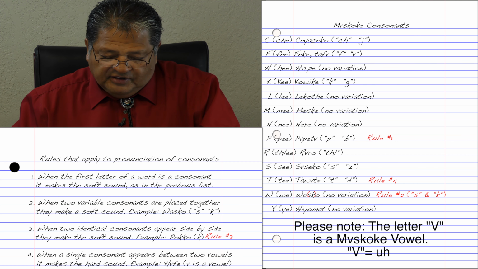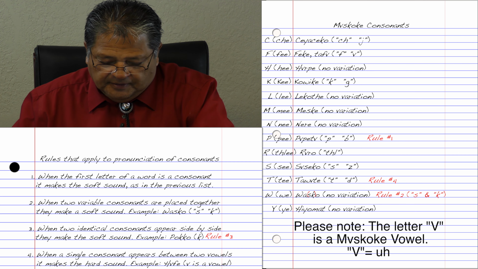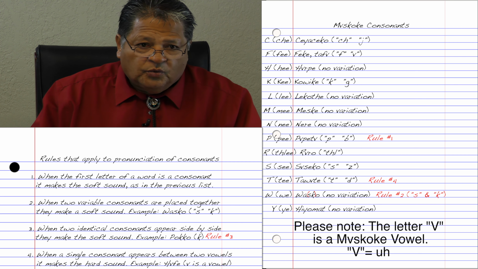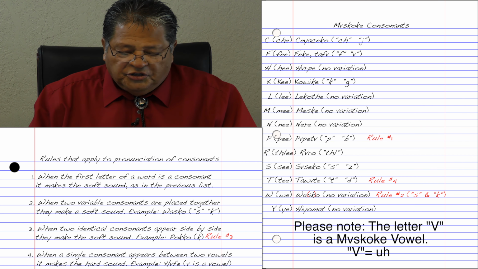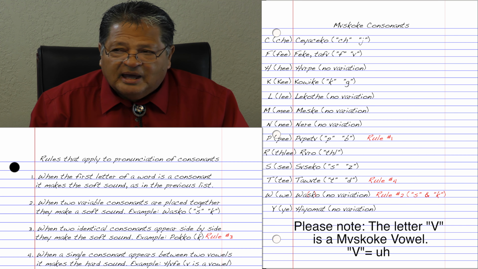I know that that's a lot of information to cover, and I think it's important that you study this, because this is going to determine how you pronounce what you're reading. I know that so many of my students, because I use phonetics a lot, are able to figure out how a word is supposed to sound by the way it's spelled.